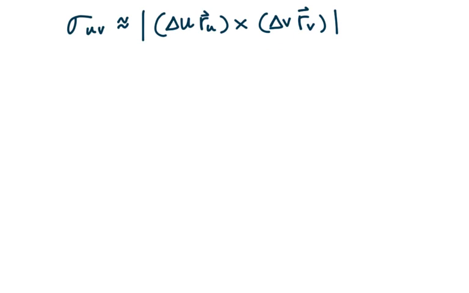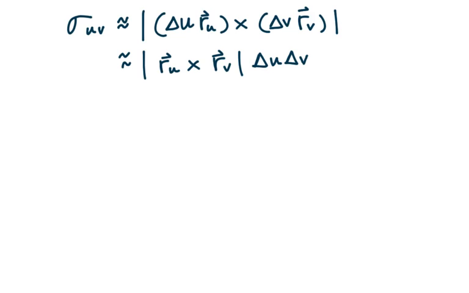Now, since these are both scalars, or constants, we can pull them out. And so that leaves us with the magnitude of the vector r sub u cross r sub v, delta u, delta v. And so this represents the area.